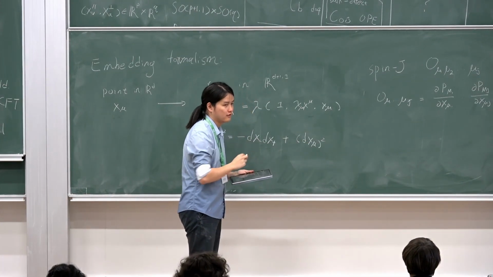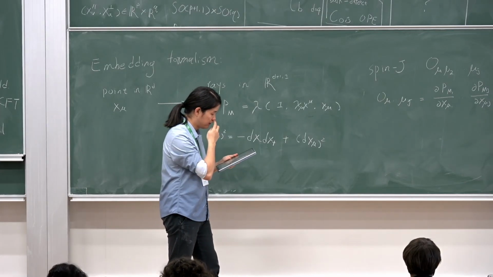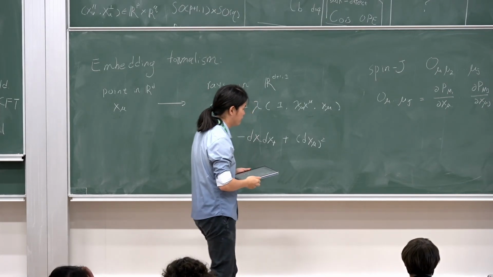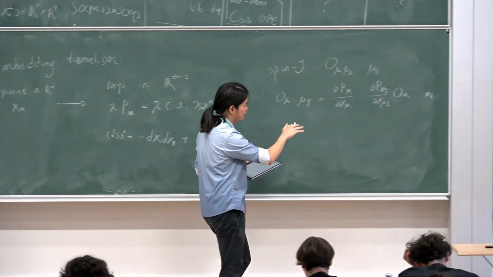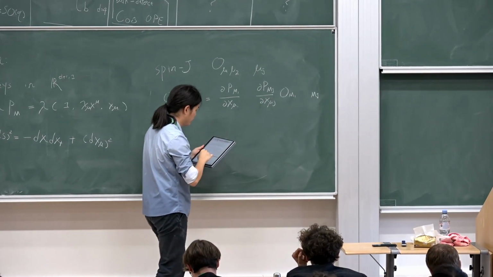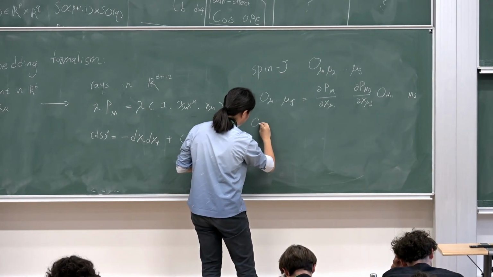Now, the standard trick is to introduce what is known as the polarization vector. Instead of studying this very complicated tensor structure, we will try to study some polynomials defined as follows.